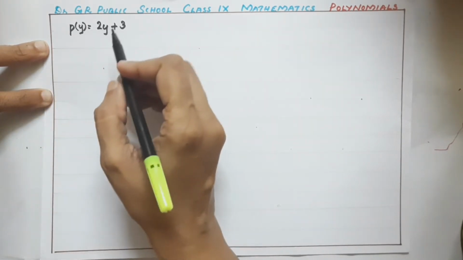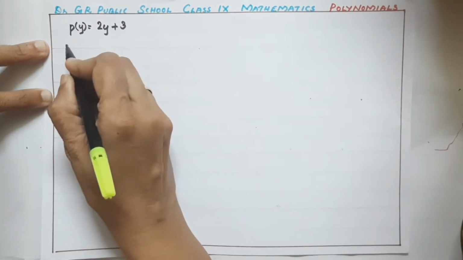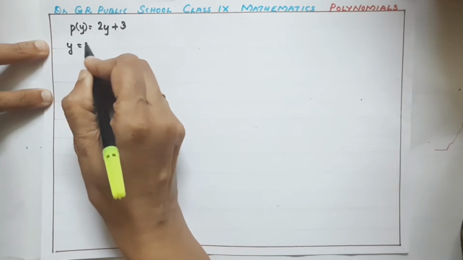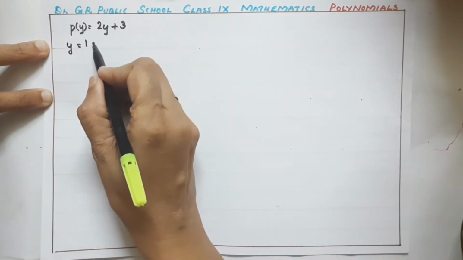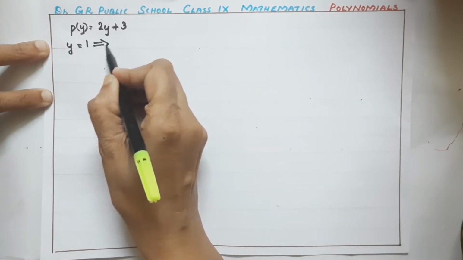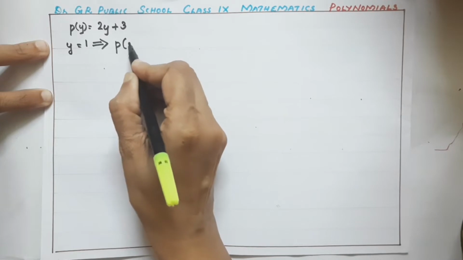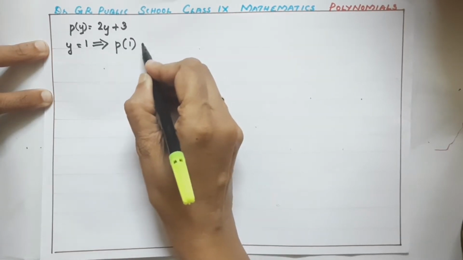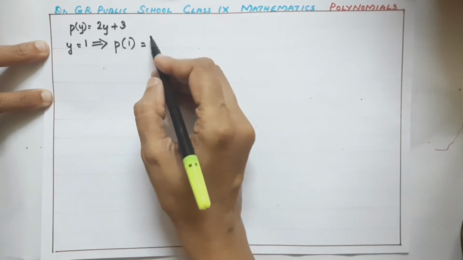So if I am substituting 1 for y, we are putting y equal to 1. What will happen? When we put y equal to 1, how can we write this p of y? We can write it as p of 1 equal to. Our polynomial is 2y plus 3.